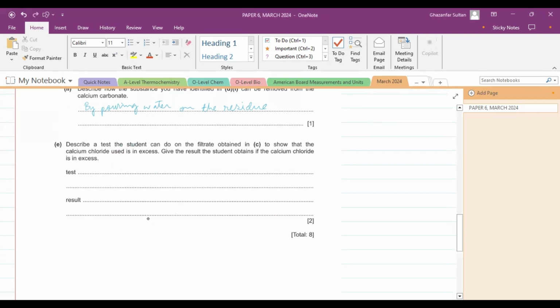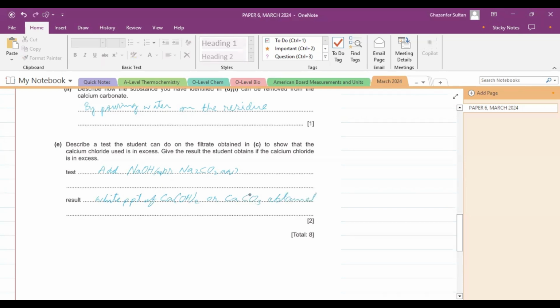For testing calcium, we can use two reagents: add aqueous sodium hydroxide or aqueous sodium carbonate. On adding sodium hydroxide or sodium carbonate, there would be a white precipitate of calcium hydroxide or calcium carbonate obtained.